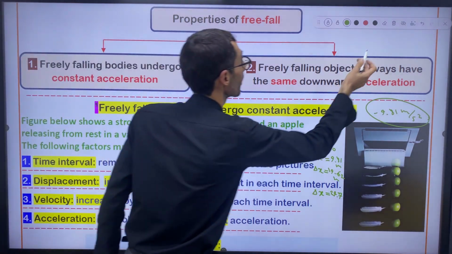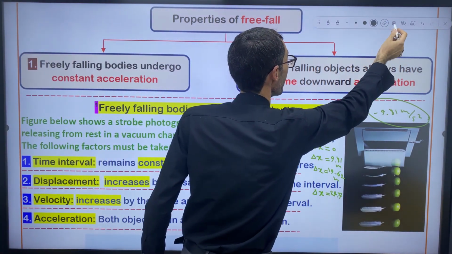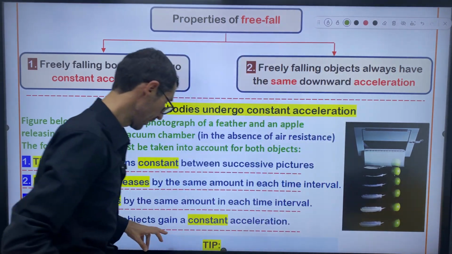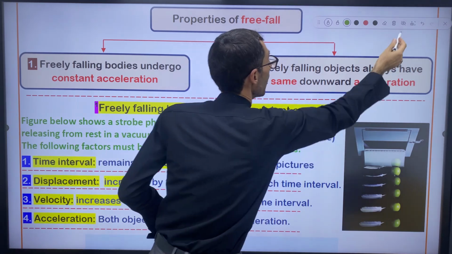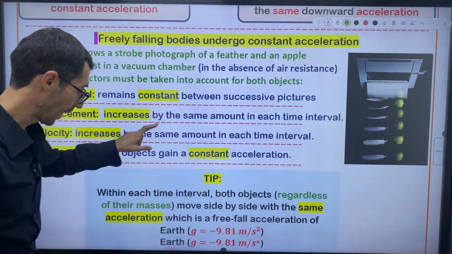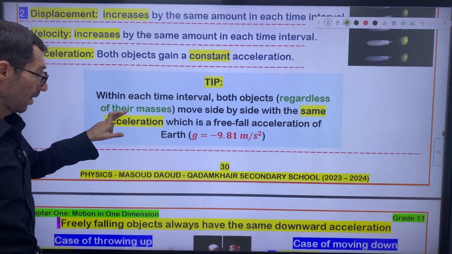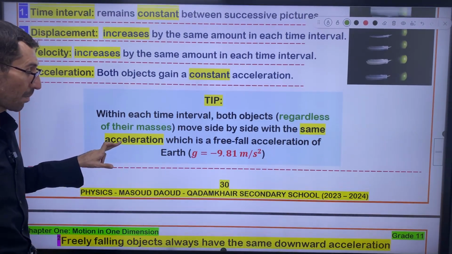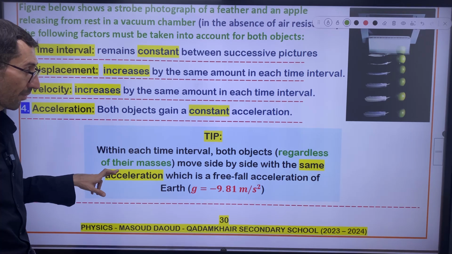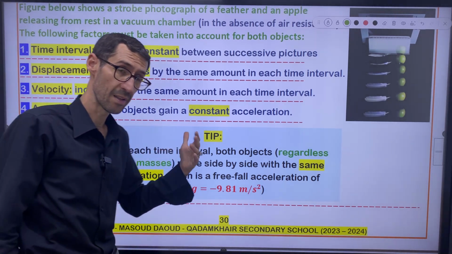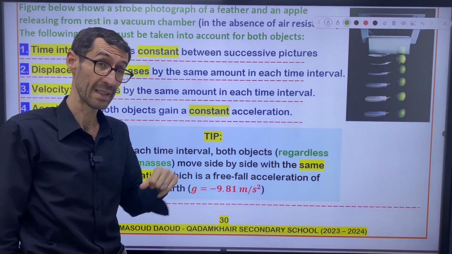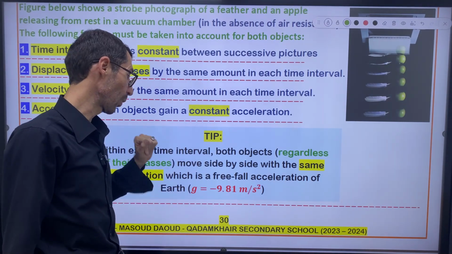Let me read a note for you. We have a tip. By reading this tip, I'm going to finish the lesson, and I leave the second property of free fall for the next lesson, God willing.